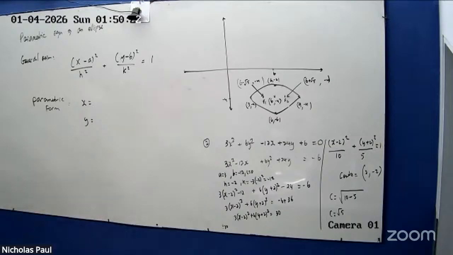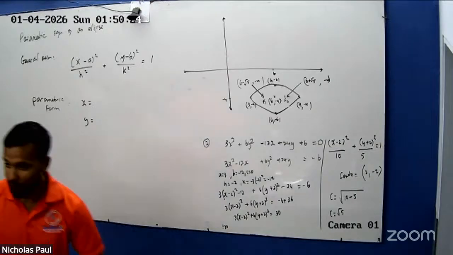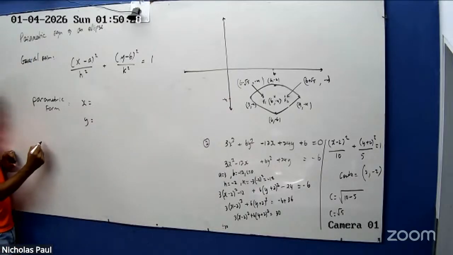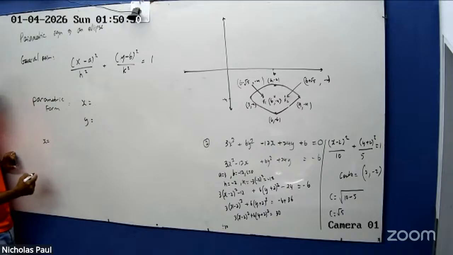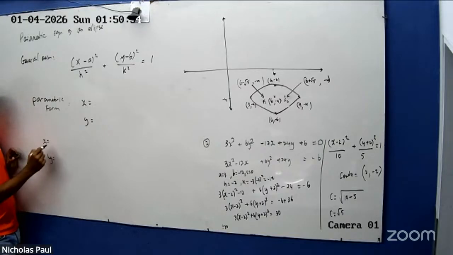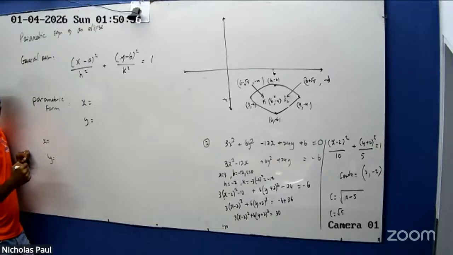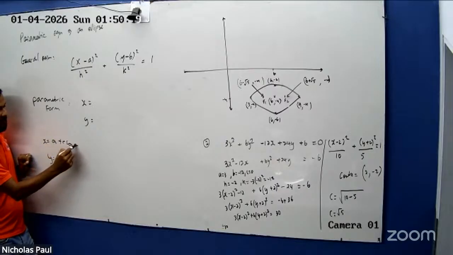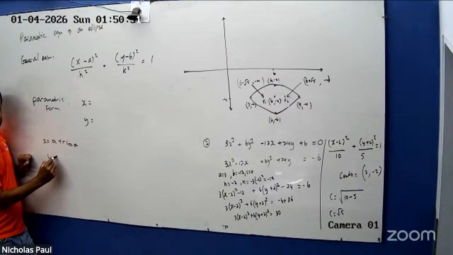What do you all think? Zachary, you tell me what to do. Tell me what's the parametric for a circle. Read it back. You don't have it? So what is it for a circle? A plus R cos theta, and then B plus R sin theta.